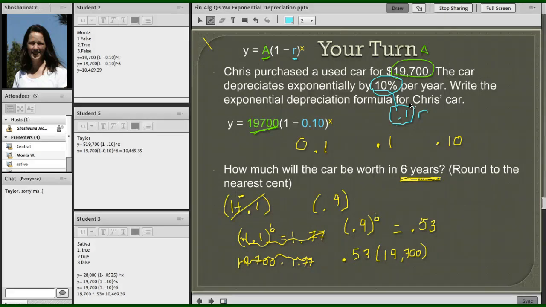Does anybody have any questions? What I want to look at is let's do it one more time, and let's do it for the first year. What is year 1? And then let's do year 2.